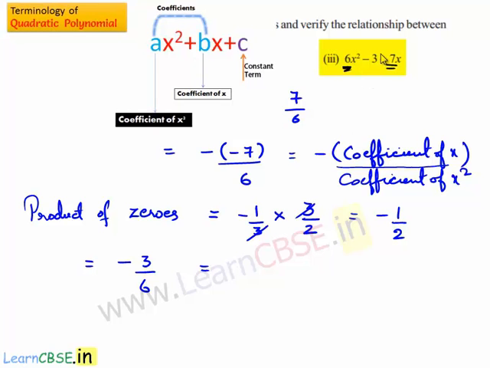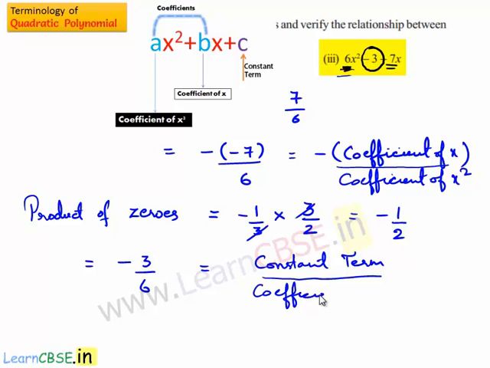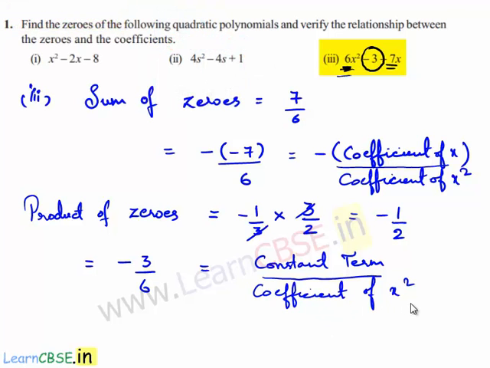Here, if we observe, we can say that minus 3 is the constant term divided by 6, which is nothing but the coefficient of x square. So the relation is the product of the zeros is equal to the constant term divided by the coefficient of x square.